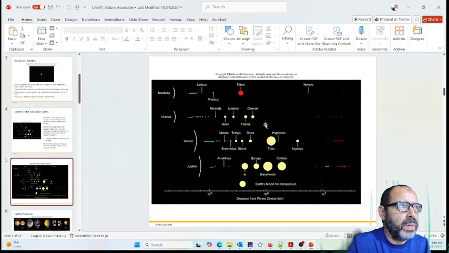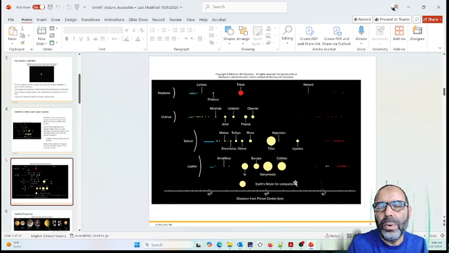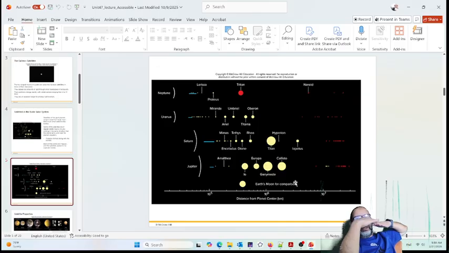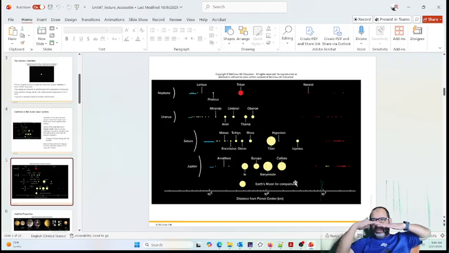What you see in this picture are color coded. First of all, the yellow color. These are regular moons. These are moons that, first of all, go on the same plane as the planet. So basically, they move on the same plane together. Number two, their paths are almost circular.